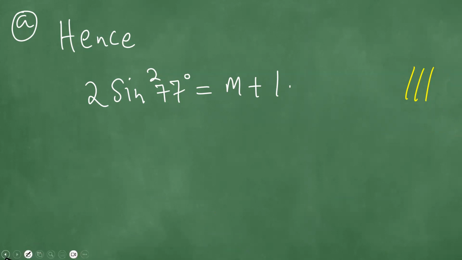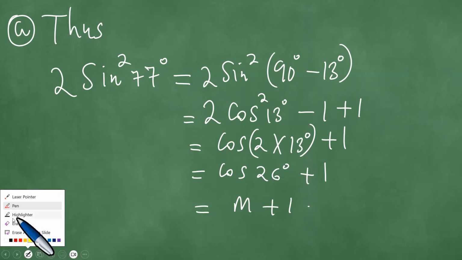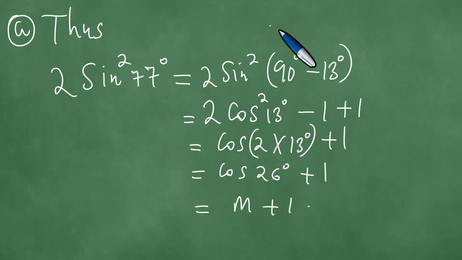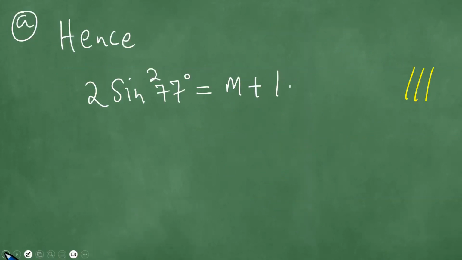Here we used the double angle formula in trigonometry: cosine of double x is the same as 2 cosine squared of x minus 1. This is the double angle formula for the cosine function. That takes us to the end of the first part of the question, and we now focus on the second part.